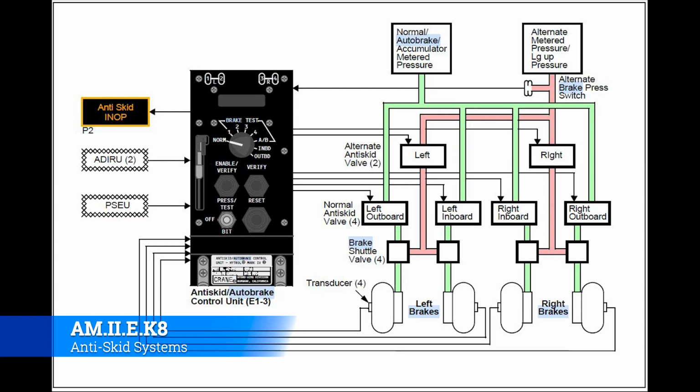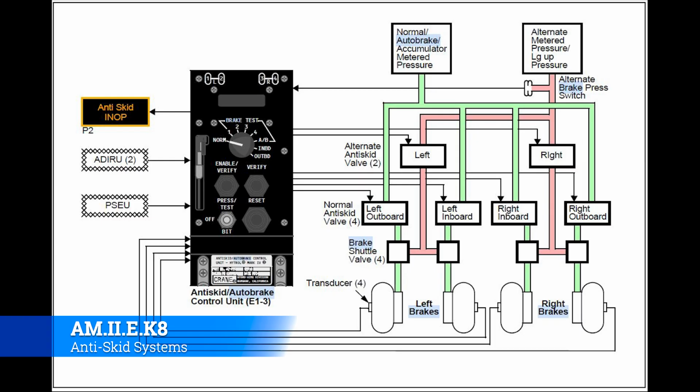Now, this one is just like everything else. The ATAROOs and the PSEU also talk to that box. So you could have bad ATAROO problems or bad PSEU problems that are feeding into the anti-skid. So if you get an anti-skid fail, one of the things to look for is to also check and see if the ATAROOs are healthy and the PSEU is healthy.